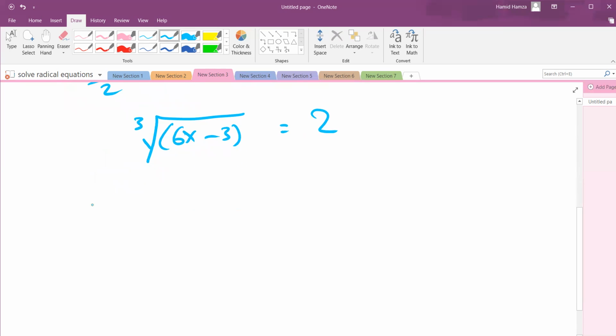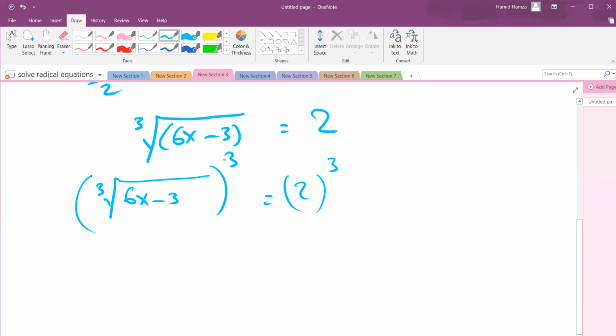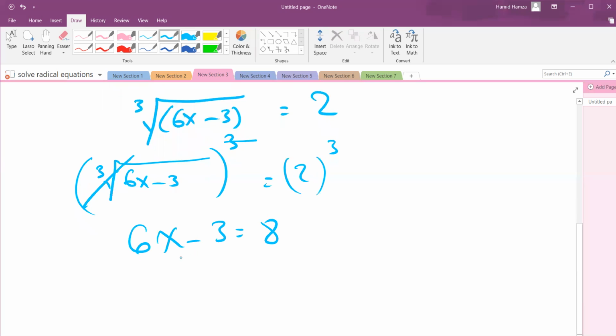So it will be like this: 6x minus 3 raised to power 3 equals 2 raised to power 3. The power 3 and the cube root will be eliminated, and the remaining will be 6x minus 3 equals 2 power 3, which is 8. Now we got a linear equation.